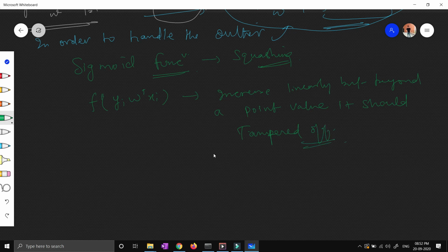So one such function is called the sigmoid function. We will denote the sigmoid by sigma x, right?